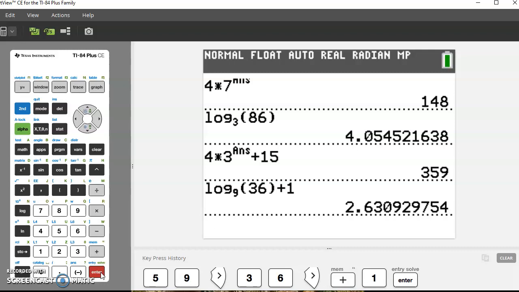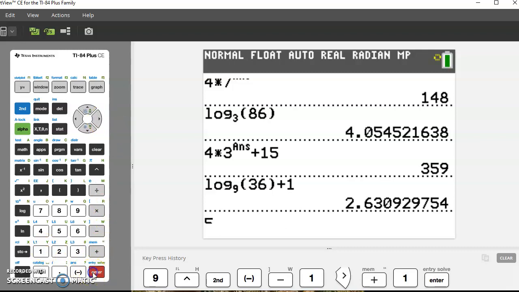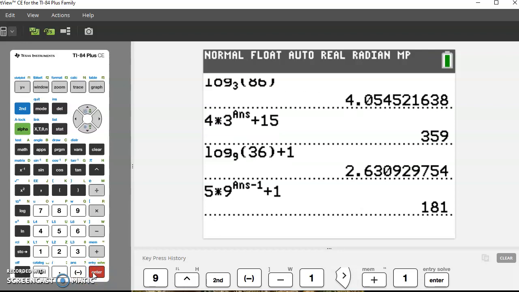We need to plug this in to make sure that it works. So we can do 5 times 9 raised to the second answer minus 1, arrow to the right, and then plus 1, and that needs to equal 181, which it does. So here is my final answer.